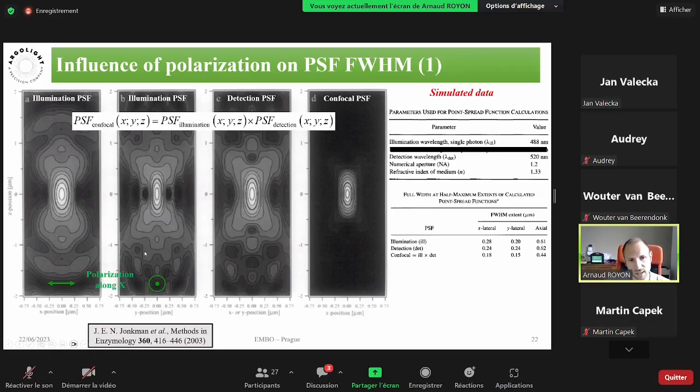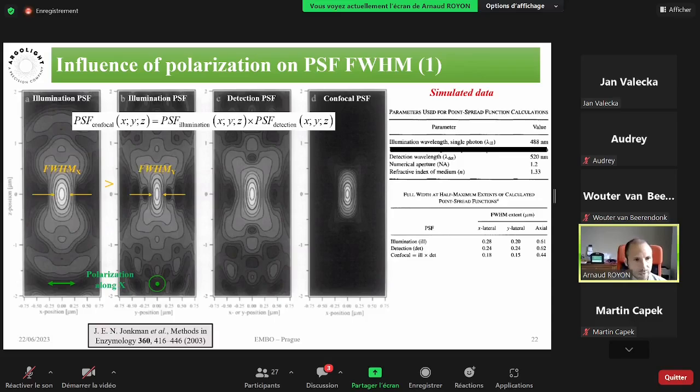The second here is the illumination PSF along YZ. The third picture here is the detection PSF, and here you have the product of the illumination PSF by the detection PSF. Here on the right, you can see the parameters used for the simulations.